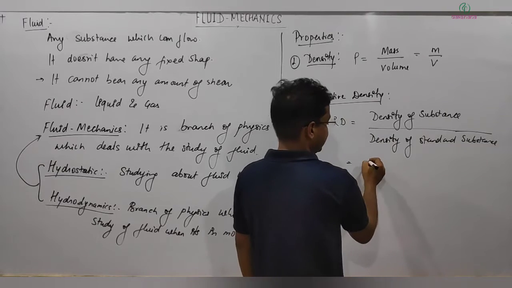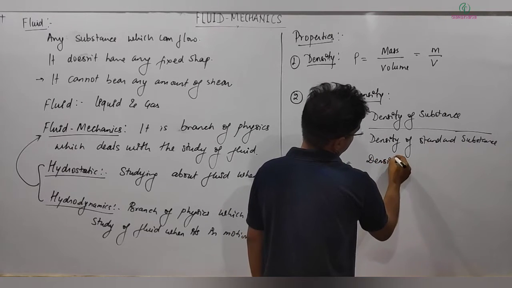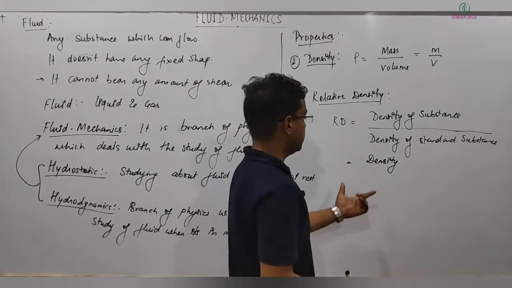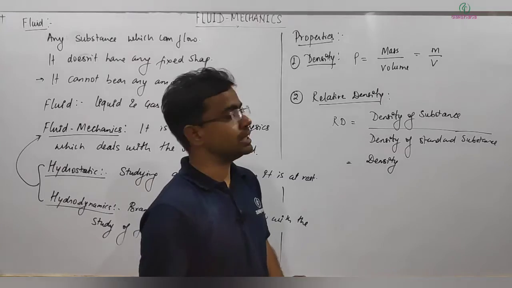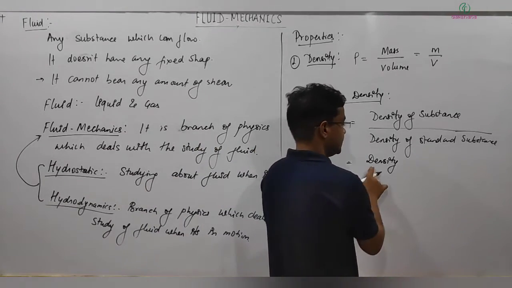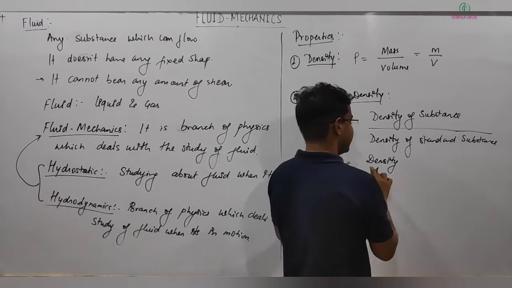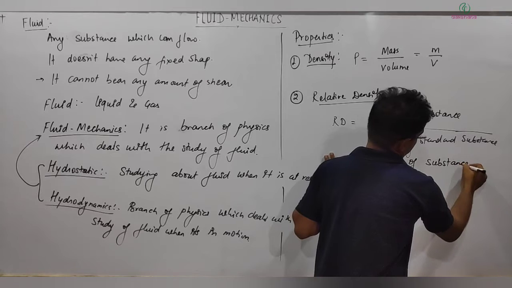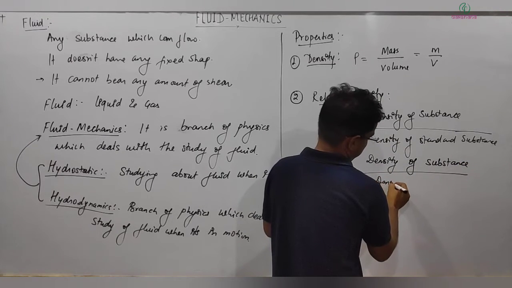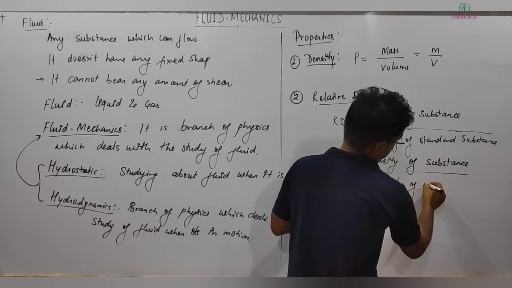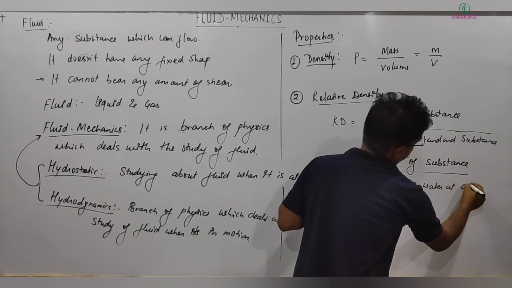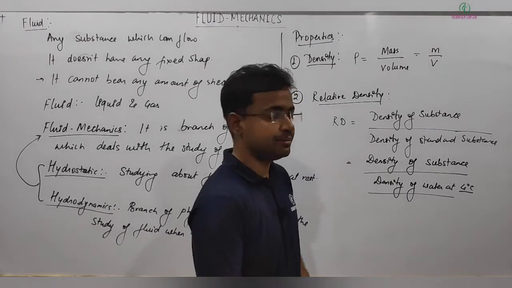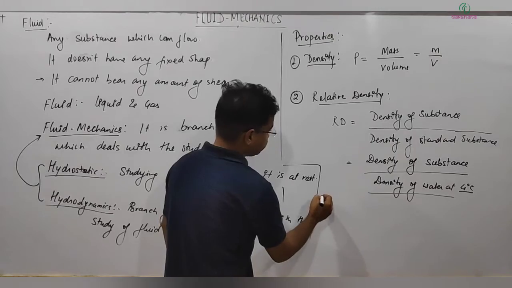And more precisely, because fluid can be liquid and gas both, if I particularly discuss density of liquid, then relative density of liquid will be equal to density of substance or liquid divided by density of water at 4 degrees Celsius. So this ratio is termed as relative density.